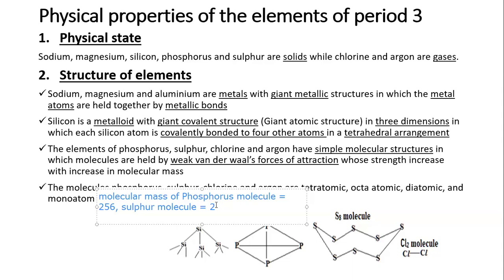So it is 256. Then that of phosphorus is 124. Then that one of chlorine molecule, each chlorine atom is, yes.